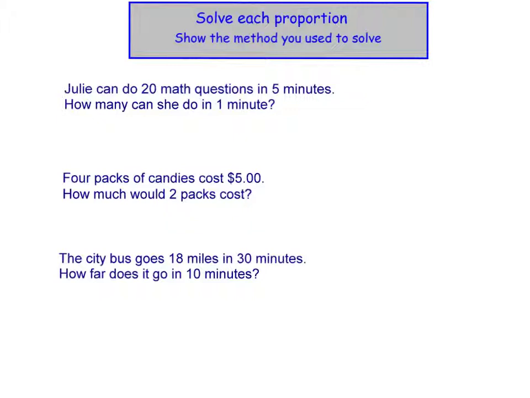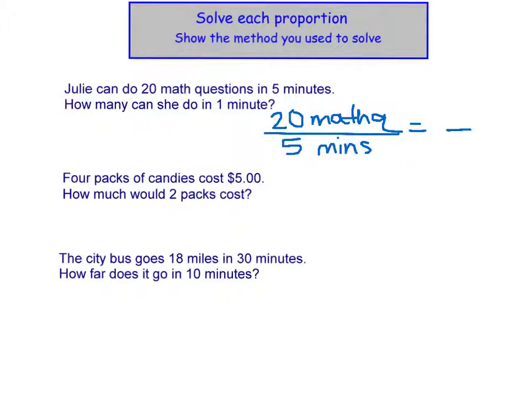So our first question says, Julie can do 20 math questions in 5 minutes. How many can she do in 1 minute? This question is really asking us to find the unit rate. So we're first going to set this up and label, what are we comparing? We're comparing how many math questions we can do in a certain amount of time. So I have 20 math questions, and I'm just going to use Q for questions, in 5 minutes.